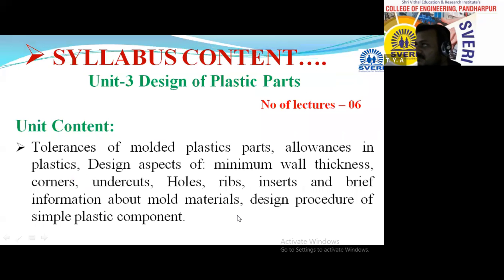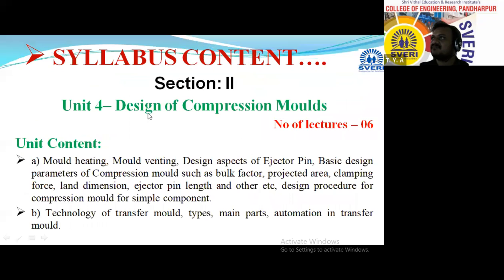In the third chapter, we are going to discuss the design of plastic parts, which design aspects you have to consider. That will be explained in this chapter. And then in the fourth chapter, how the compression mold is designed for a specific given plastic part or component, that we will study here.